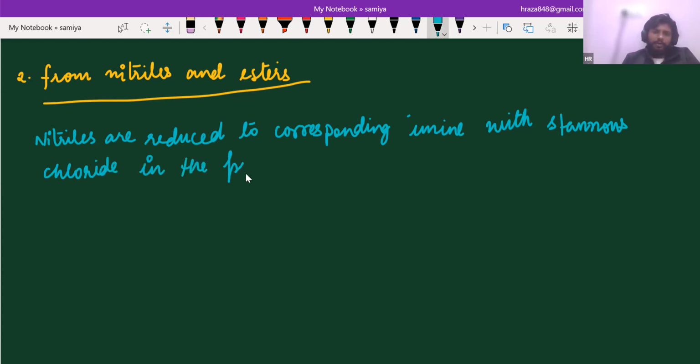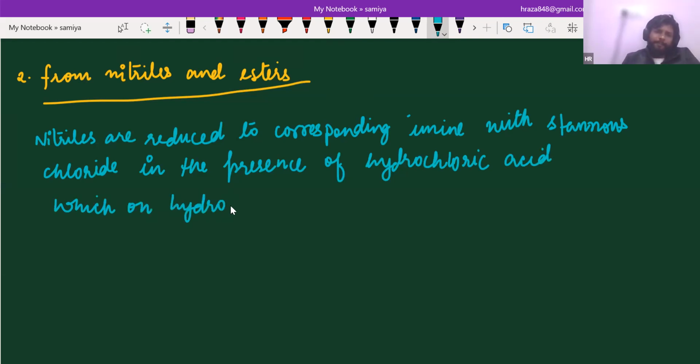In the presence of hydrochloric acid, which on hydrolysis gives the corresponding aldehyde.